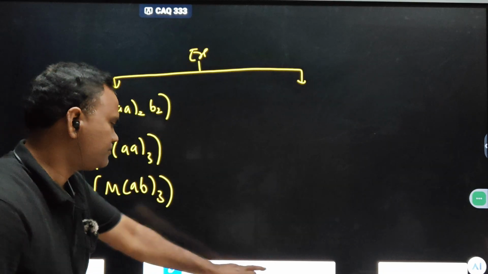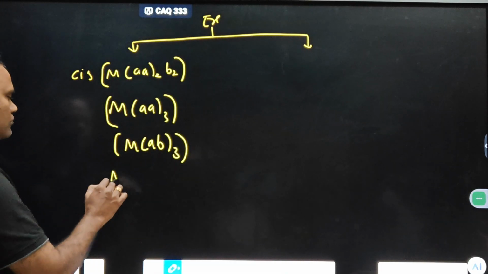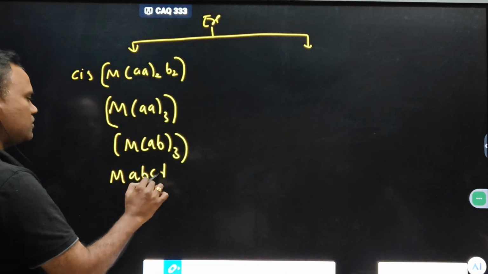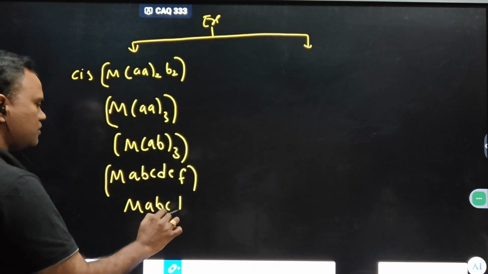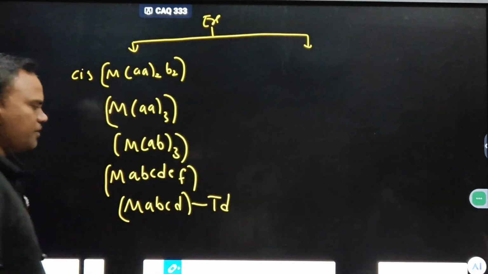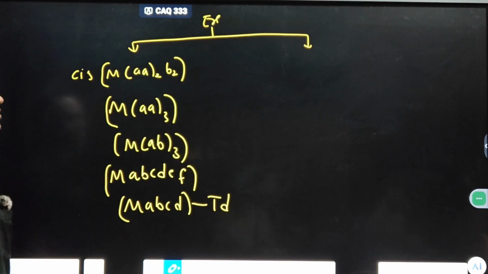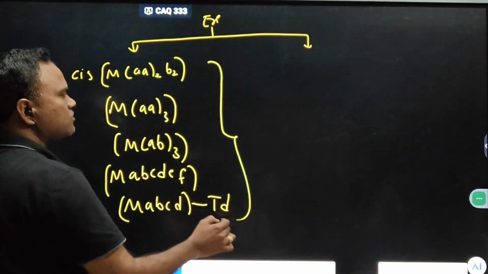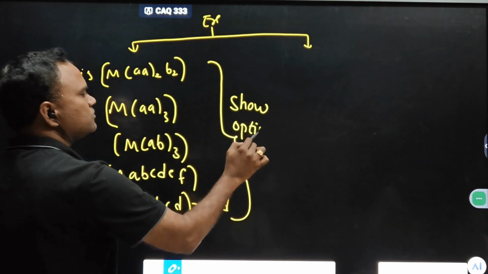And MABCDEF, MABCD tetrahedral complexes. So the most frequently coming examples show optical activity.